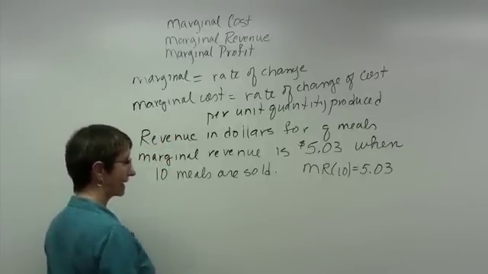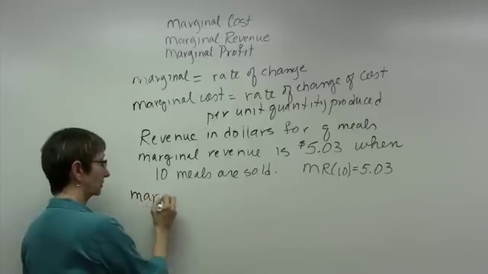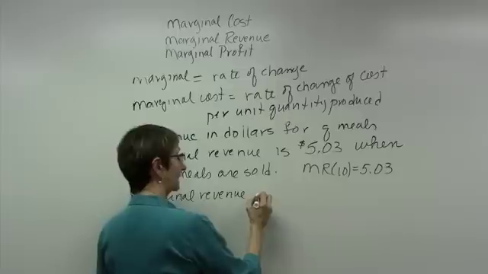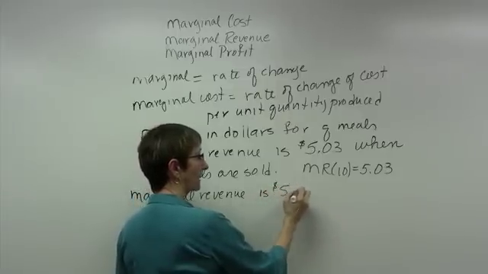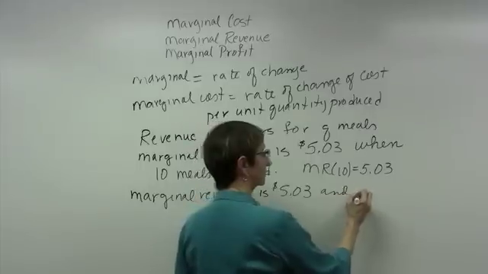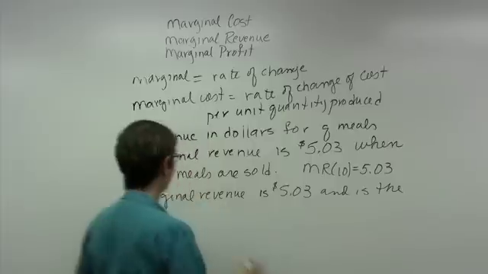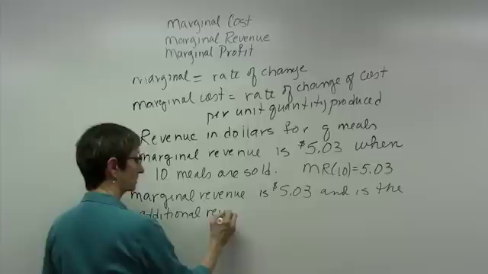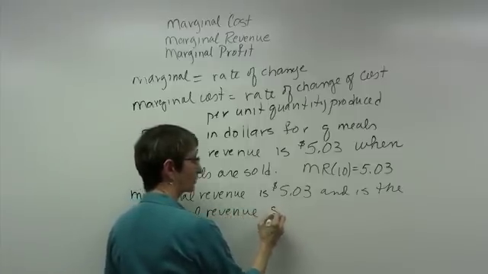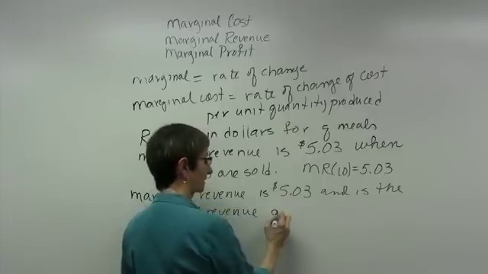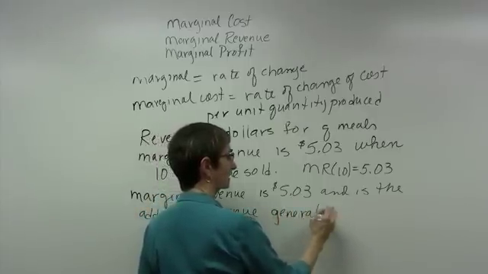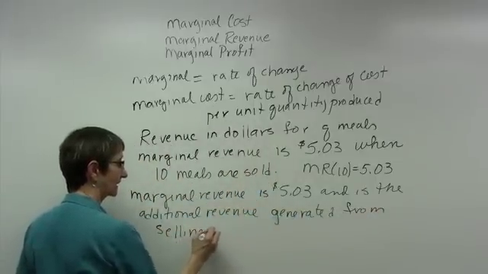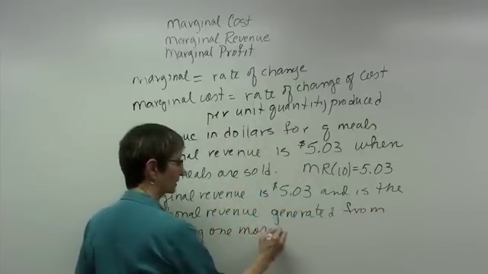I can say that marginal revenue is $5.03 and is the additional revenue generated from selling one more meal after 10.